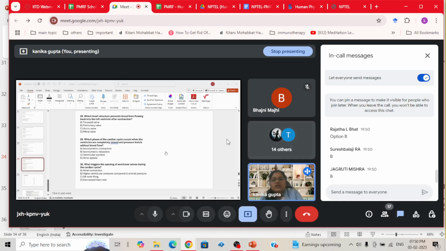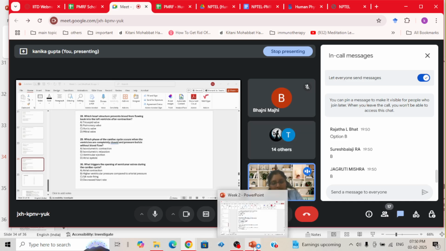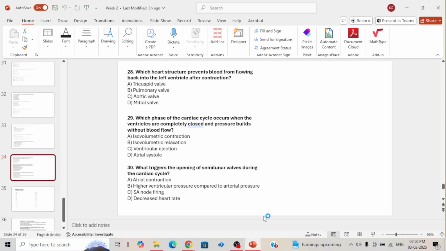नहीं हो सकता क्योंकि एट्रिया के अंदर तो हमारी अयोटा वैसे भी ओपन हो ही नहीं रही है ना. So this is wrong. Another thing is higher ventricular pressure compared to arterial pressure.